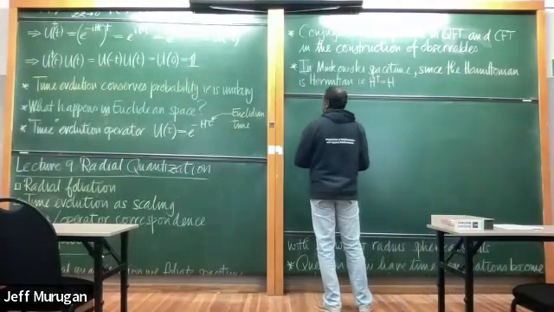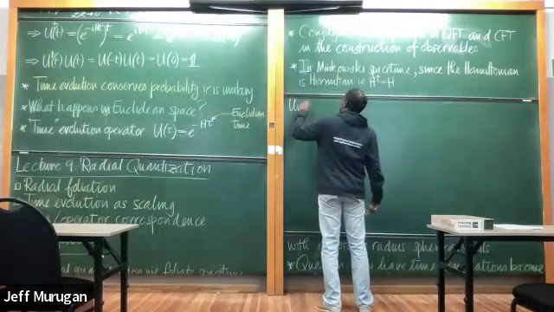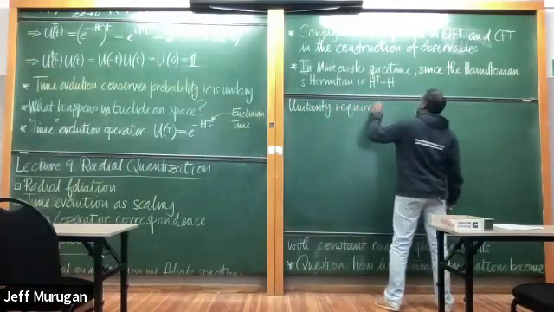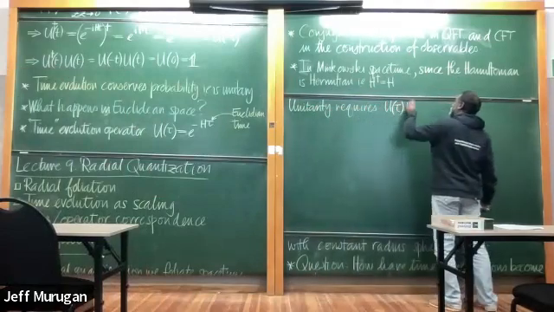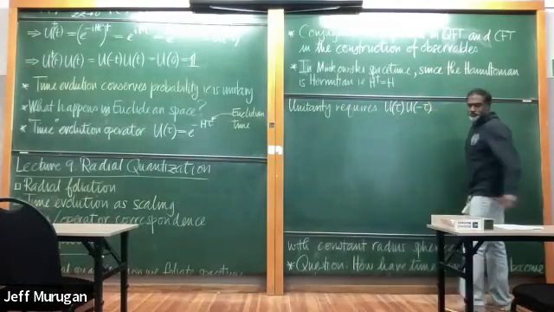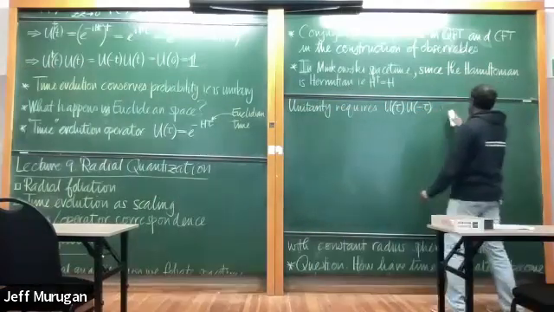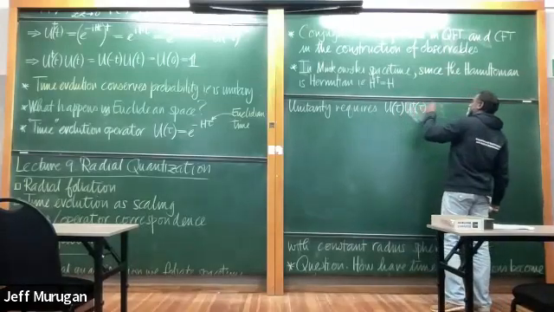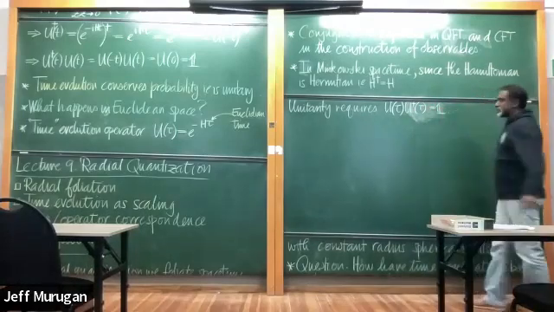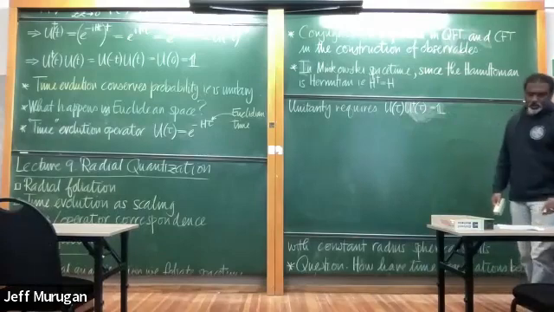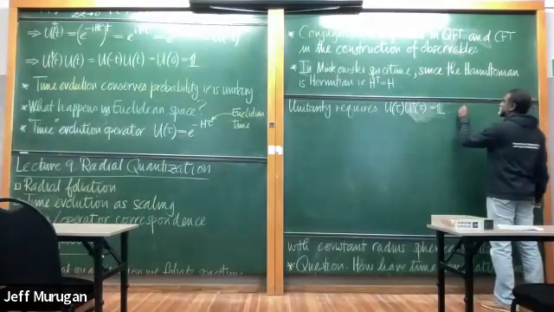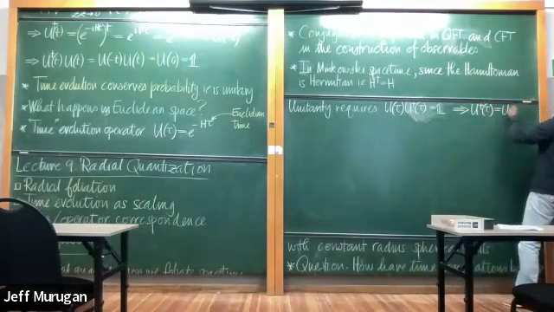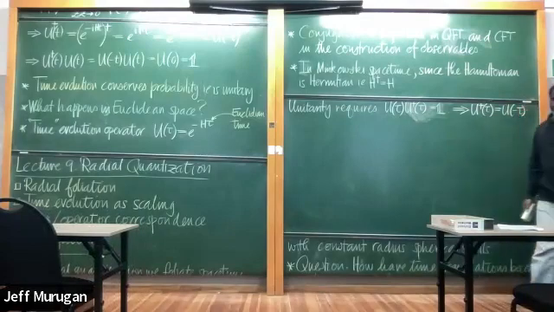Unitarity requires that U of tau times U dagger of tau is the identity, which would require us to force U dagger of tau to be U of minus tau.